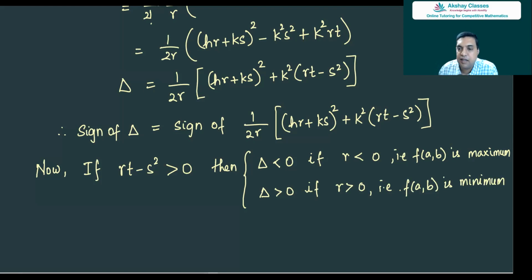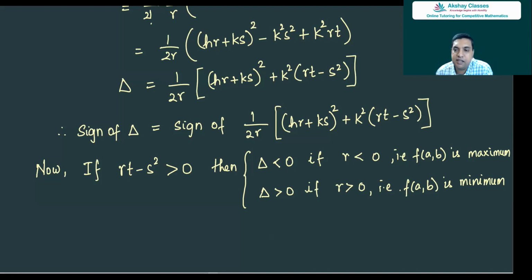Correct. So if rt minus s square is positive, the sign of delta is the same as the sign of r.